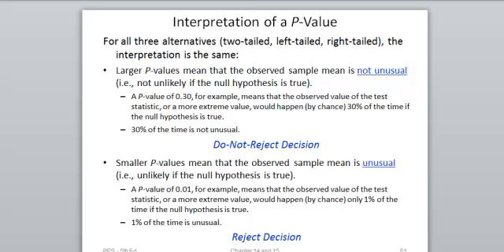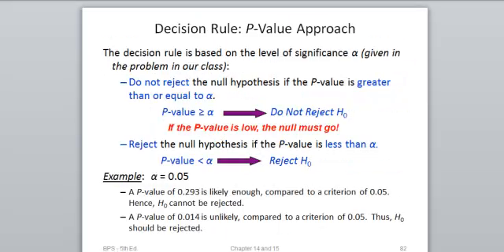But we want to be more specific and have a more quantitative way to say whether we reject or not reject. So what we do is, if the p-value is greater than or equal to our significance level, we do not reject the null hypothesis. However, if the p-value is less than alpha, we're going to reject the null hypothesis.